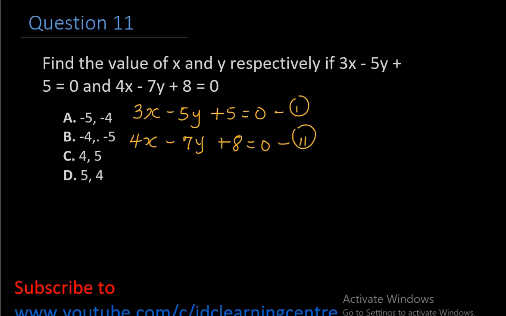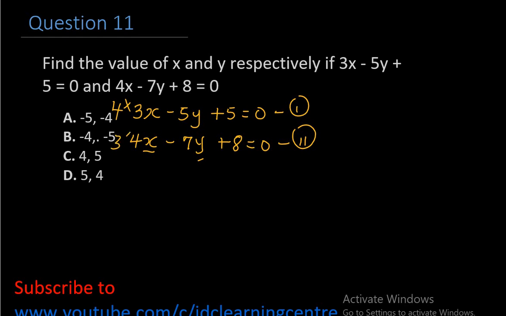I enjoy using the elimination method, so I'm just going to use the elimination method. Elimination method simply means you eliminate one of the variables. Either we eliminate X or we eliminate Y. So I'm going to eliminate X. To do that, I'll multiply the first equation by 4 and the second equation by 3, so that the values of X for both of them are the same.